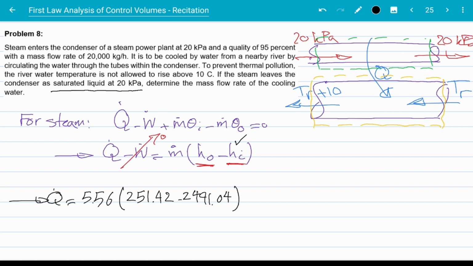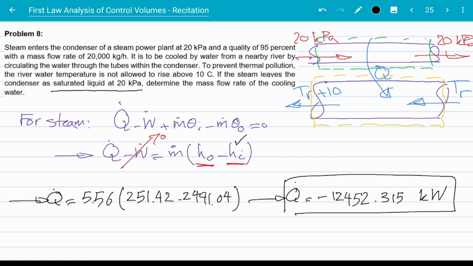Now you do the math, you get that Q dot is minus 12,452.315 kilowatts. So the minus sign shows that steam is losing heat. Now all this heat that the steam is losing goes into the river. So when we are dealing with the orange control volume, we are going to change the sign for the heat.